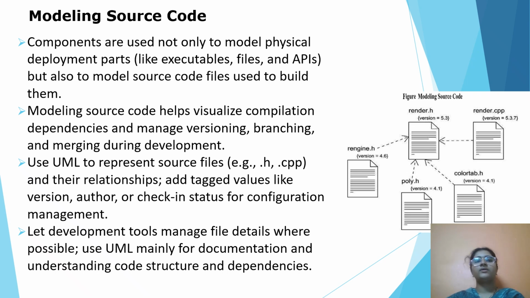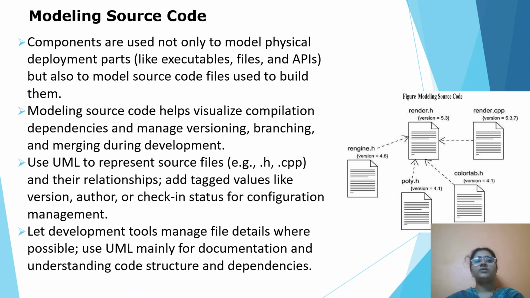Modeling source code. Components can also represent source files used to create executables. Modeling source code helps in understanding compilation dependencies, versioning dependencies, and configuration management. For example, a library render.dll might be built from files like render.h, poly.h, and render.cpp.